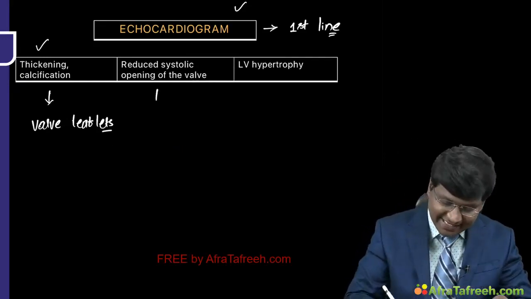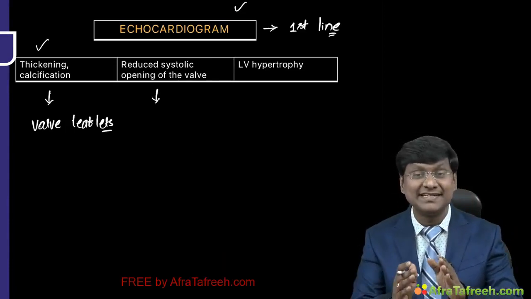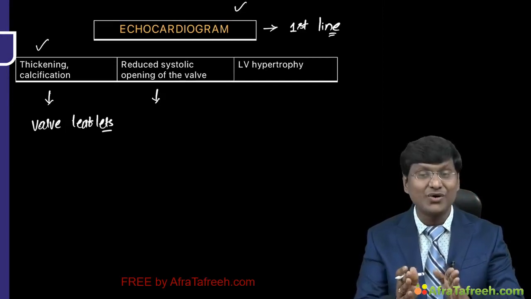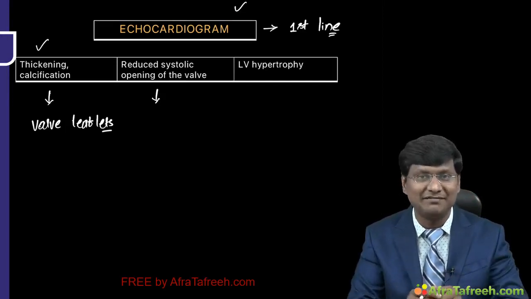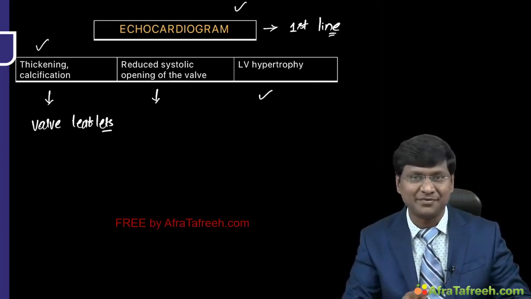Another important finding in the echocardiogram is that you will notice reduced systolic opening of the aortic valve leaflets, and you will also notice that there is left ventricular hypertrophy.